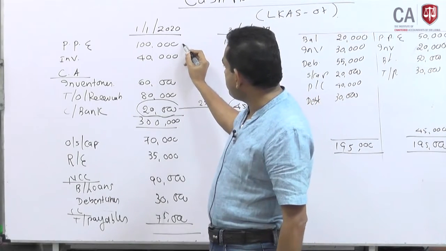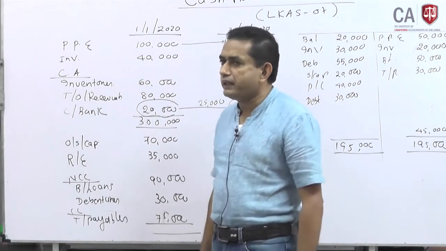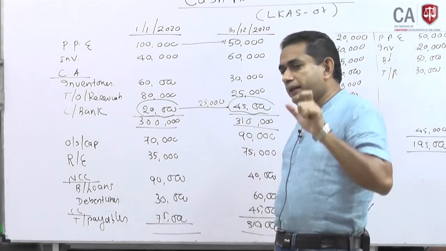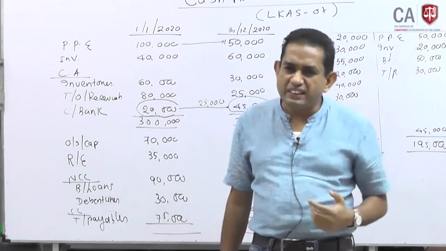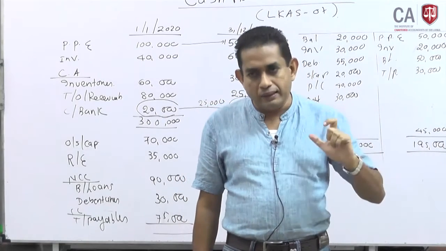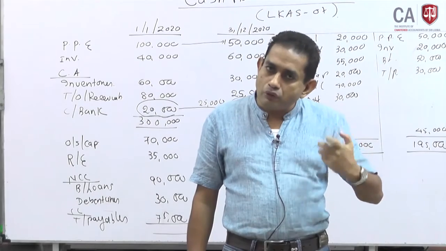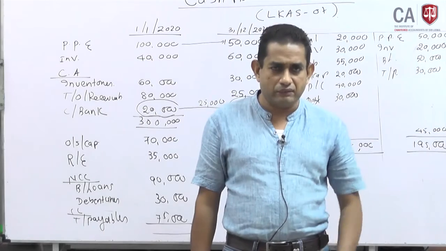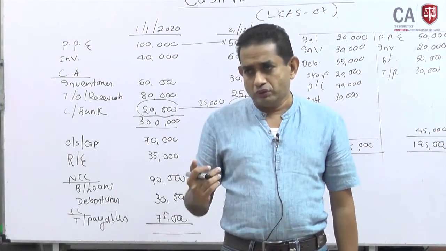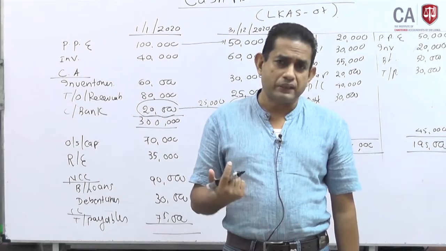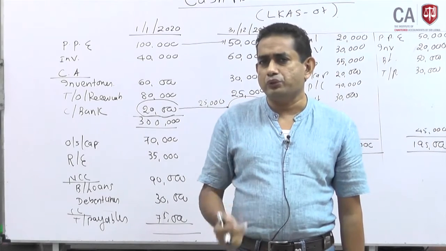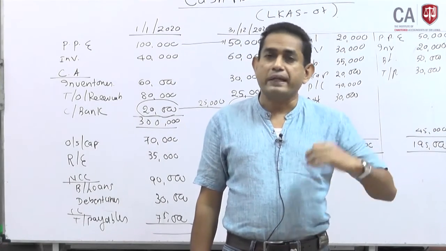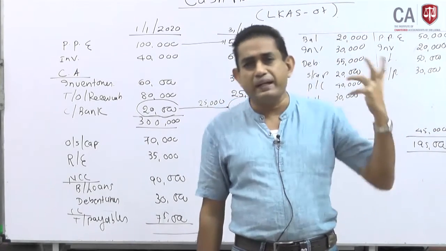Now, let me start from this part: property, plant and equipment opening 100, closing 150. And this increment of 50,000 was reasonably simply assumed to be the amount of 50,000 assets that would have been acquired for cash, which is not the case sometimes, and that would have been due to some assets granted by the government, or sometimes due to acquisitions of assets by issuing shares, or sometimes acquisition of assets in an exchange transaction.